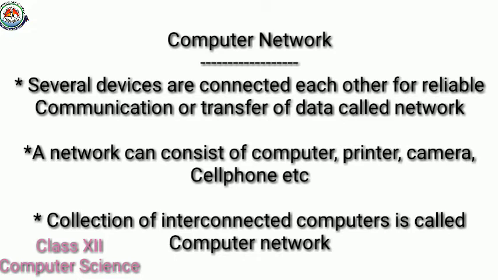A collection of interconnected computers is called a computer network. Two computers or devices are said to be interconnected if they are capable of sharing and exchanging information with each other. Why are they interconnected?